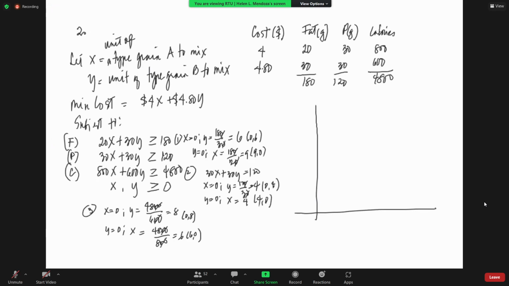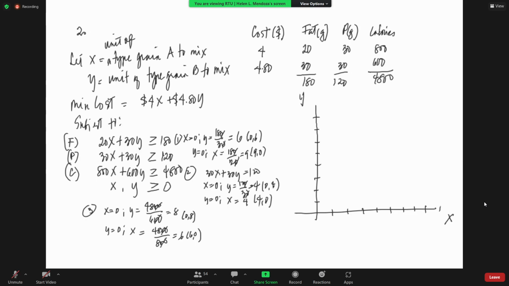So 9, highest value for X. For Y, we have 6, 4, 8. So 9 and 8, we have X, we have Y. So we can take this as 1, 2, 3, 4, 5, 6, 7, 8, 9, and 1, 2, 3, 4, 5, 6, 7, 8.